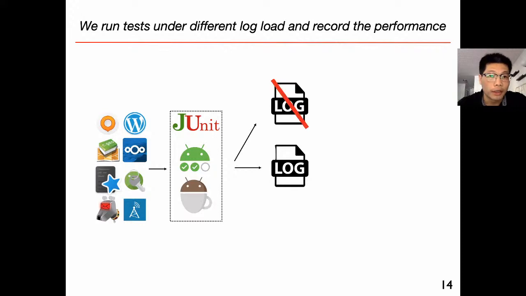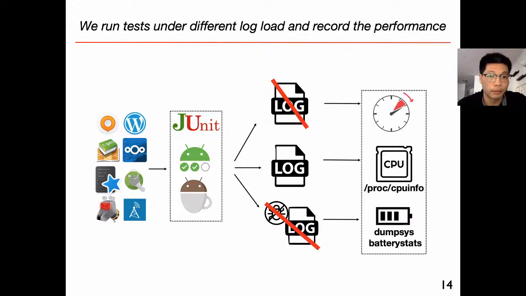Second, we measure performance disabling all the logging statements. And finally, we measure performance only enabling the necessary statements. We measure performance metrics in terms of response time, CPU usage, and the battery consumption. To get more reliable performance data, each test is executed 30 times independently.